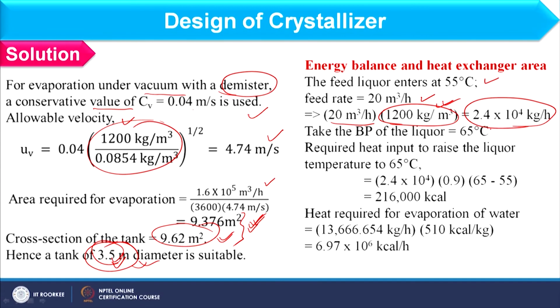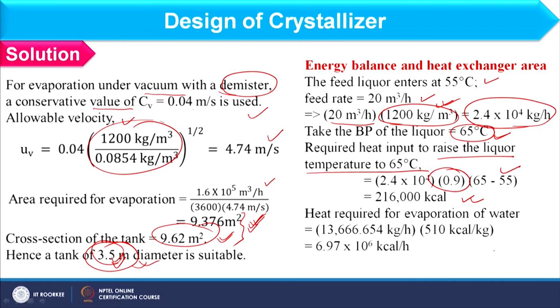Okay. Including BPR of the liquid, we can find the boiling point of the solution as 65 degrees Celsius, which you can find in previous slides also. So, the required heat input to raise the liquor from 55 up to 65 degrees, considering the Cp of the solution which is already given in the problem, gives a total heat input of 2.16 into 10⁵ kilocalorie.